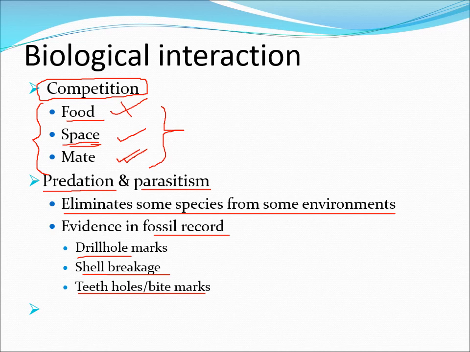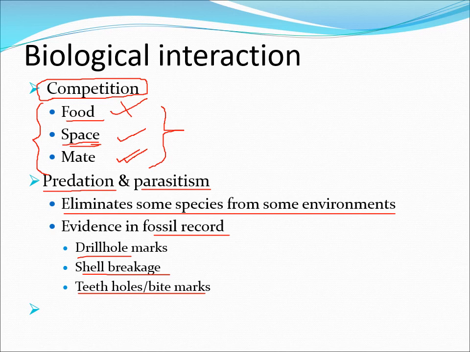So those drill holes can be preserved in the fossil record. Sometimes some organisms like crabs break the shells of mollusks, they break the shells of gastropods, so that breakage marks remain within the hard parts.